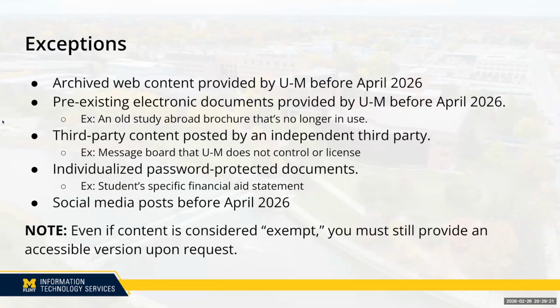This also includes individualized password-protected documents, such as a student-specific financial aid statement, and any social media posts made before April 2026. However, it's really important to note that even if the content is considered exempt, if someone does ask for an accessible version, you must still be able to provide one upon that request.